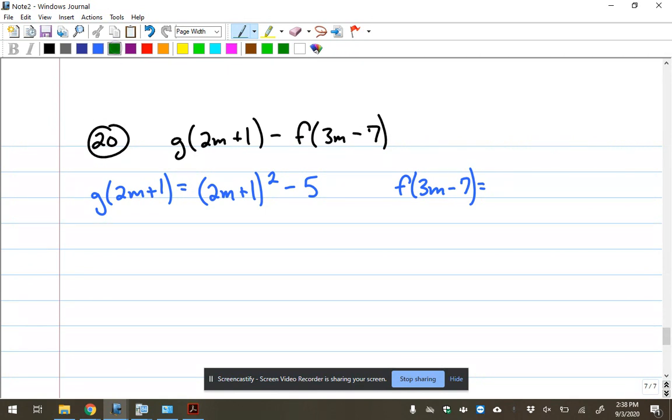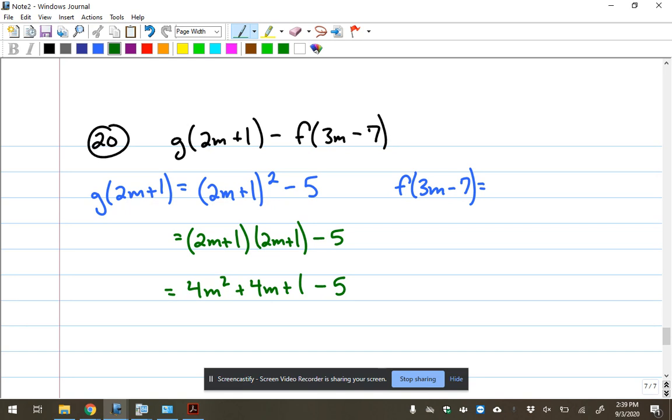That's right. If you want to go ahead and write it that way the first time, that's fine. 2m plus 1 times 2m plus 1, minus 5. 2m times 2m is 4m squared. 2m times 1 is 2m. 1 times 2m is 2m. 2m plus 2m is 4m. 1 times 1 is 1.